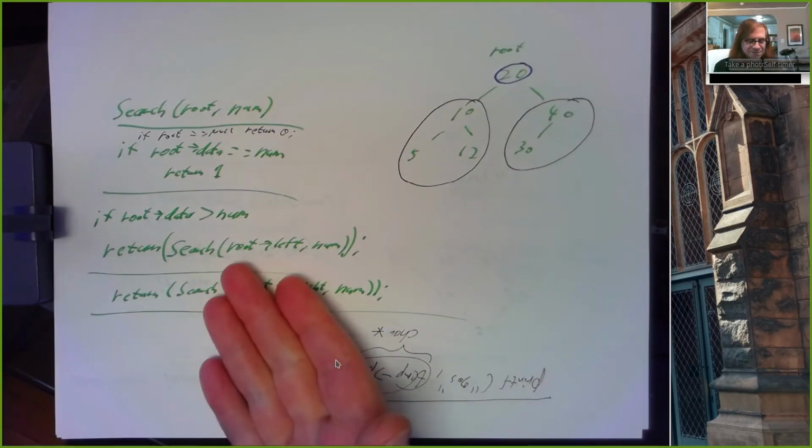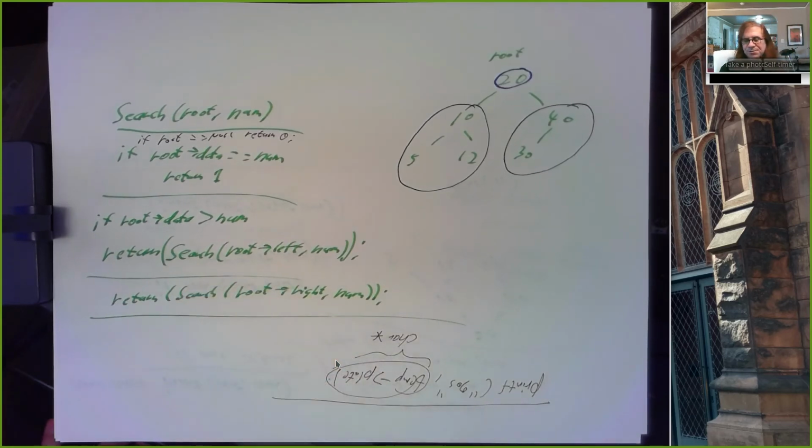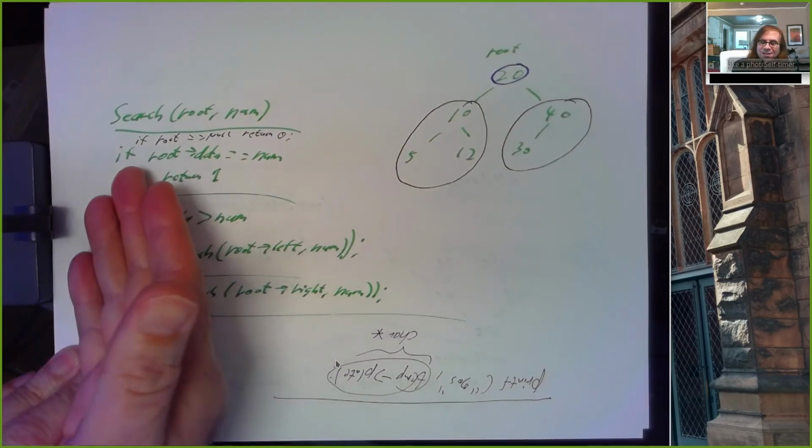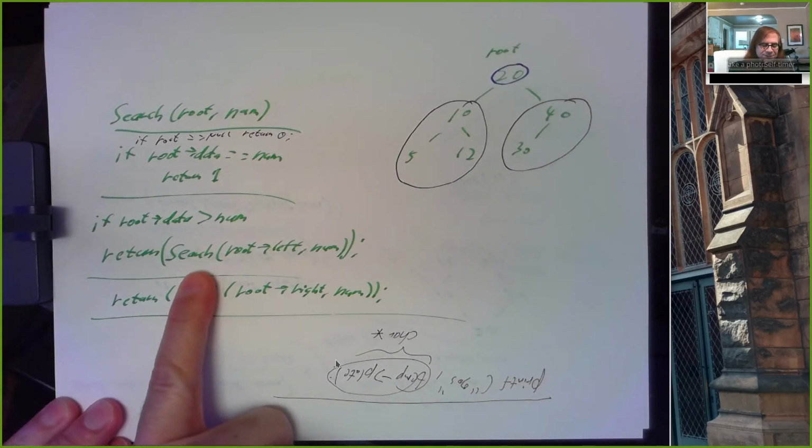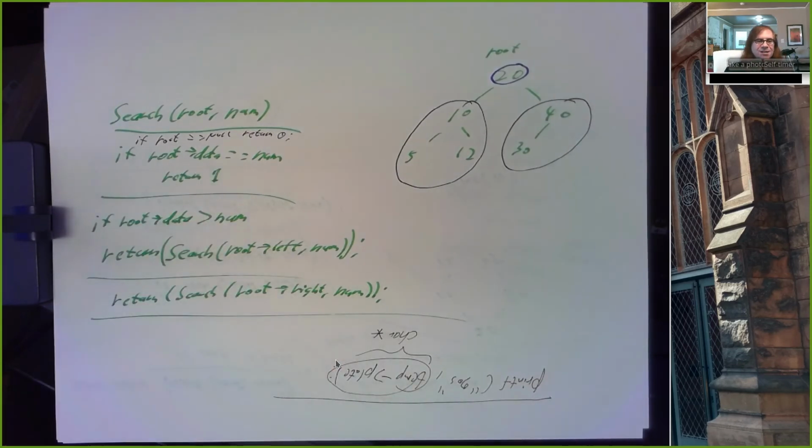To call a function, we need to do a number of things. We need to save the program counter so we can return to where we were. We need to save the registers that the CPU uses to store local values. We need to store local variables. If I have some variable in here called temp, I need to save that value because when I come back from this function call, my local variable should not have been disturbed.